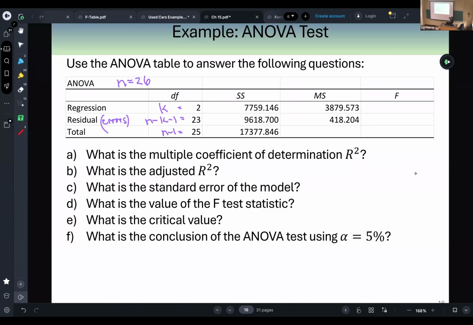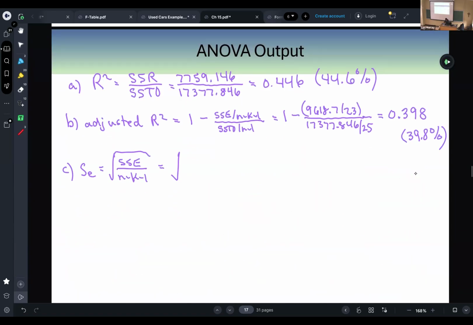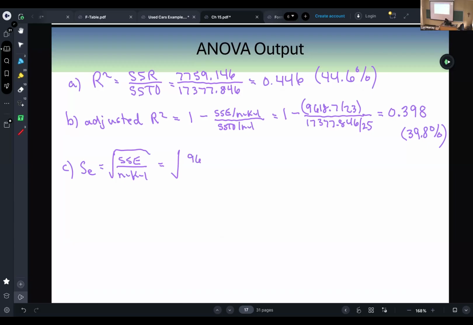Everyone agree? And we're going to divide by n minus k minus 1. 26 minus 2 minus 1 is 23 degrees of freedom. And that will give us our SE, which is 20.450. Good? You agree?